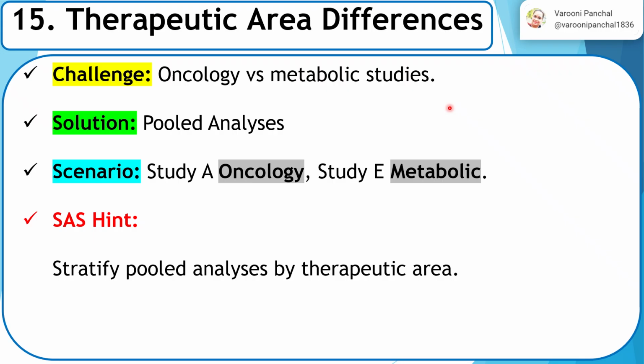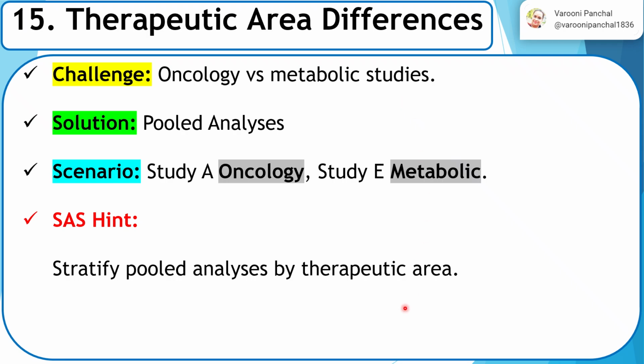So when I present the demographic table, I will combine all the 12 individual studies into one ISS and ISE database, use the pooled analysis, and stratify that demographic table into two therapeutic areas, one for oncology and one for metabolic, which is cancer and diabetes respectively.